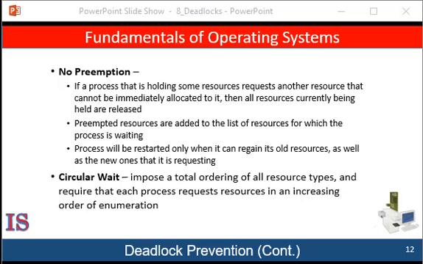We can accomplish this scheme in an application program by developing an ordering among all synchronization objects in the system. Keep in mind that developing an ordering or hierarchy does not in itself prevent deadlocks. It is up to the application developers to write programs that follow the ordering.